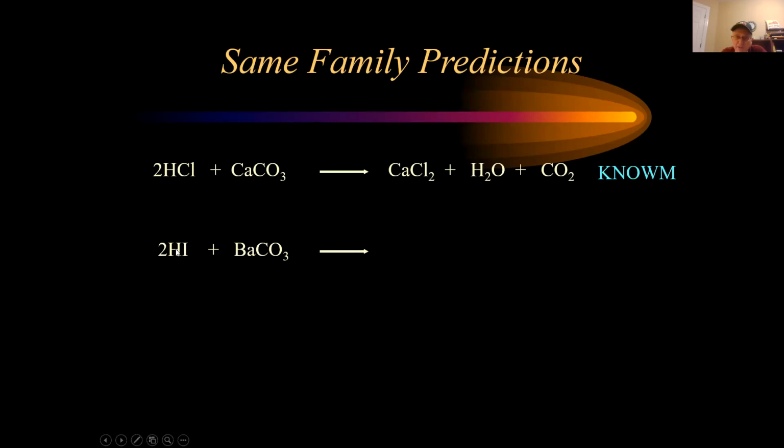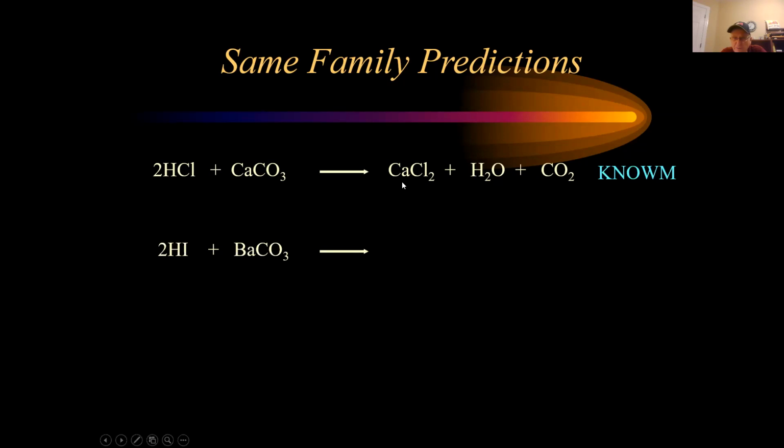So I know HI is going to react the same way that HCl does. And similarly, I would look for barium, and barium is in group 2A, and calcium is also. So I would say, okay, barium will do the same thing calcium does.